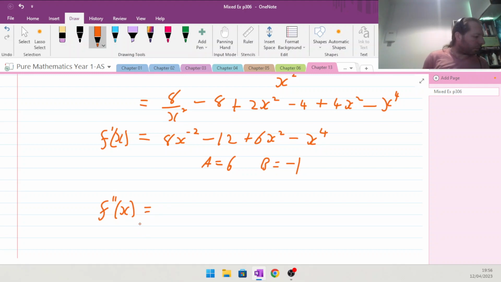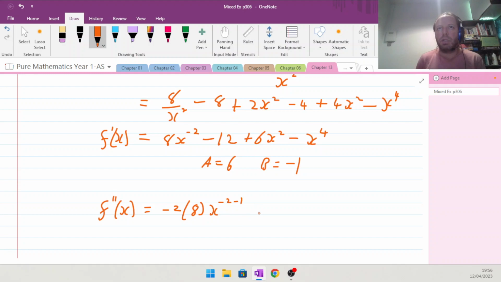So we are dropping the power by 1 and multiplying by the old power. So we have minus 2 times 8x to the minus 2 minus 1.